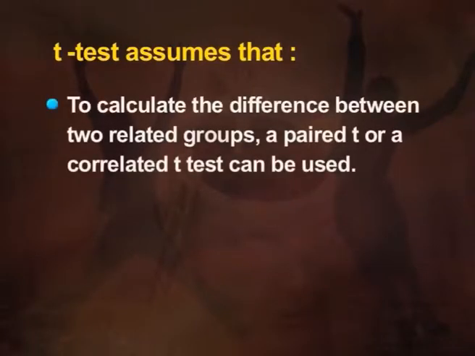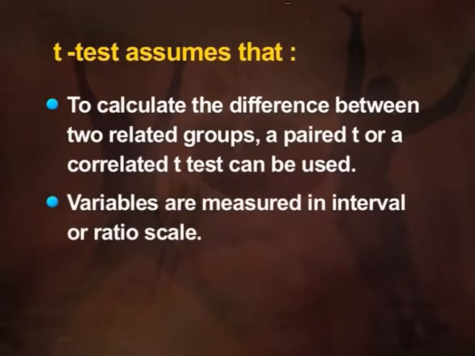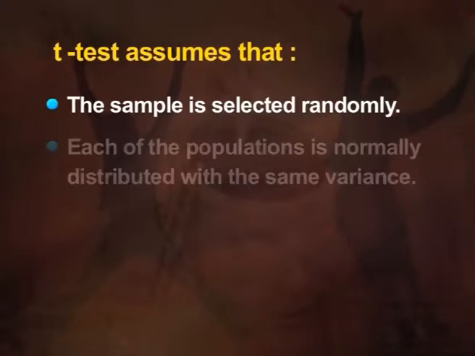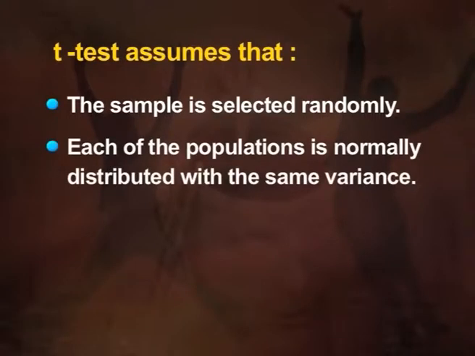To calculate the difference between two related groups, a paired t or a correlated t-test can be used. Fourth, variables are measured in interval or ratio scale. Fifth, the sample was selected randomly. And finally, each of the populations is normally distributed with the same variance.